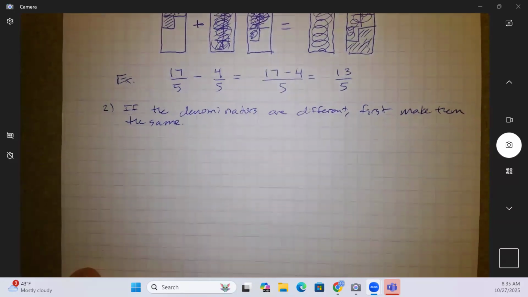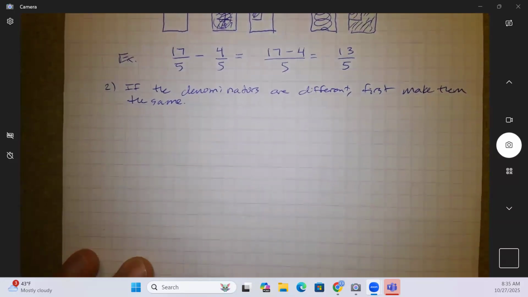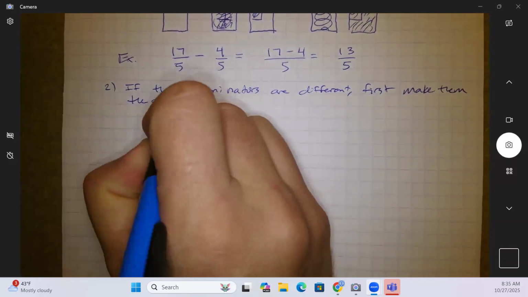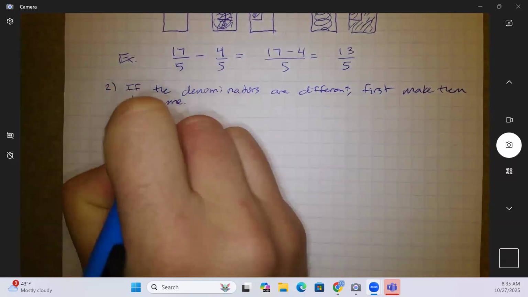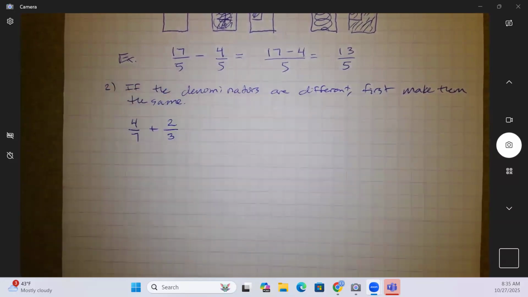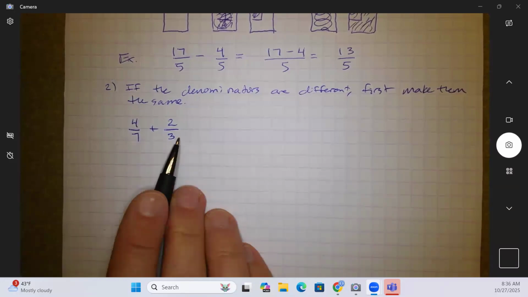And that's exactly how we did it when we were comparing fractions. I compared 4/7 and 2/3. Now I'm going to add 4/7 to 2/3. And I can't add them if they don't have the same denominator.